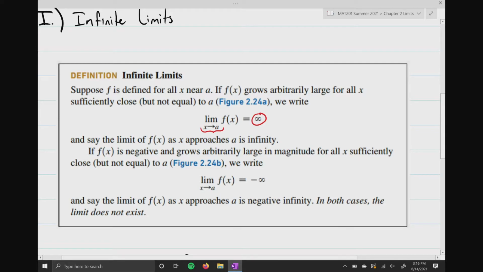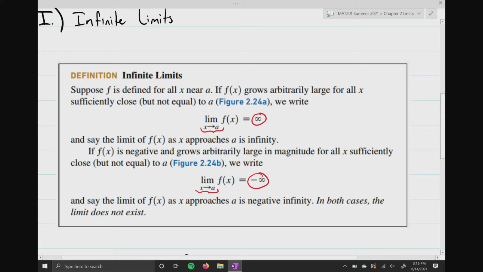On the flip side, if f of x is negative and grows arbitrarily large in magnitude for all x sufficiently close but not equal to a, we write the limit as x approaches a of f of x equals negative infinity. So once again, the idea is, as we get closer and closer to some arbitrary value a, f of x is approaching negative infinity.